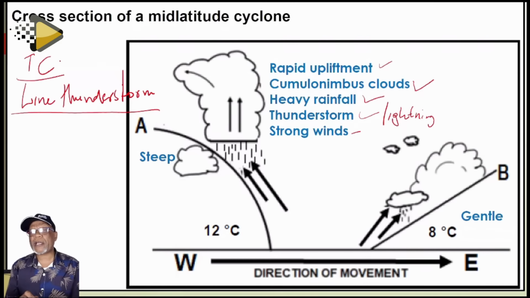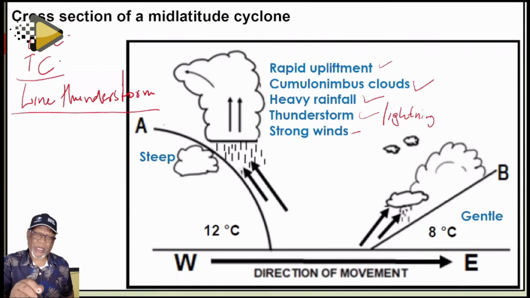That is what I also emphasized in our previous lesson, where I said we have three systems or weather phenomena that have cumulonimbus clouds. Number one is a mid-latitude cyclone, which we have here, the tropical cyclone and line thunderstorm. Now, what are the impacts?